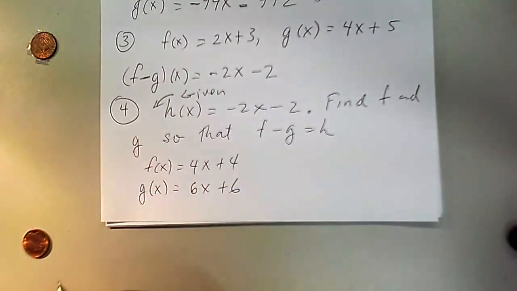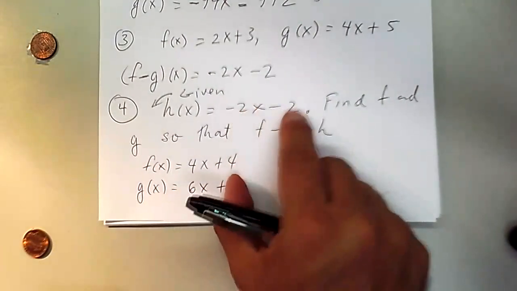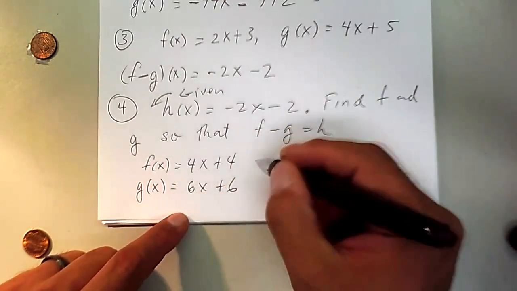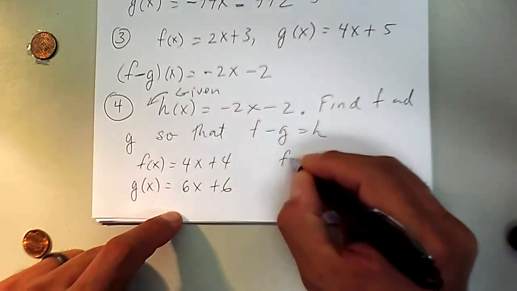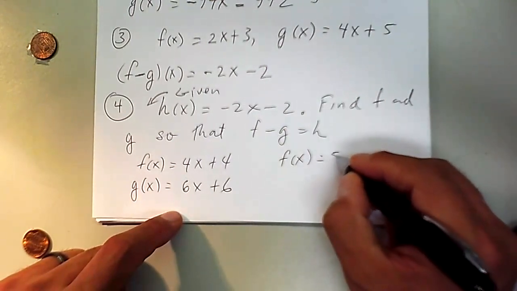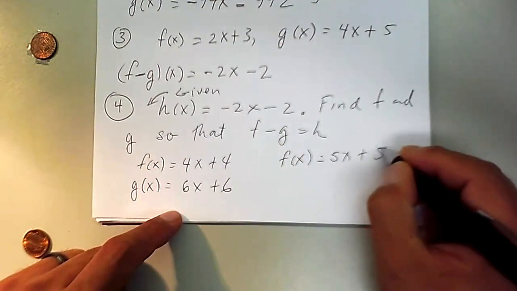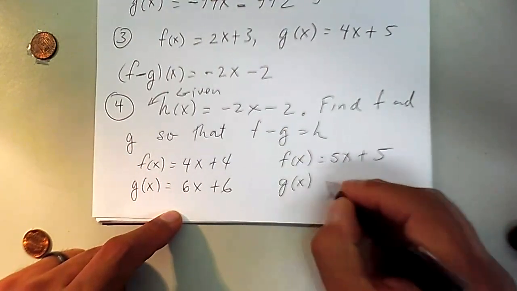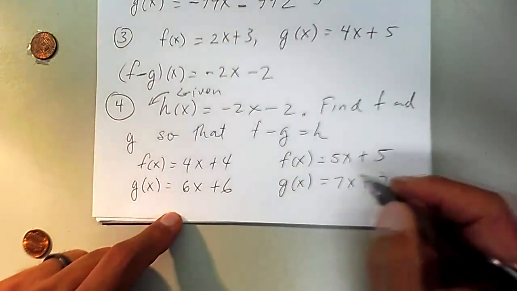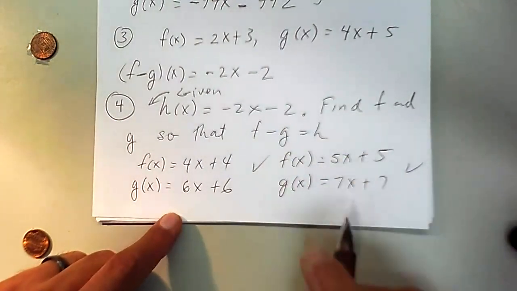So that when we subtract, we end up with this. Yeah. But somebody could say, what about f of x equals 5x plus 5? And then for g, 7x plus 7. Well, that works. That works.